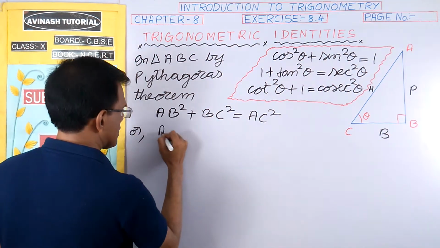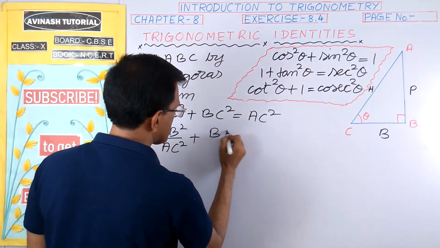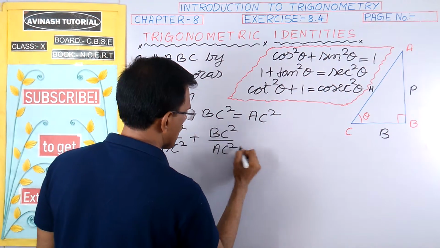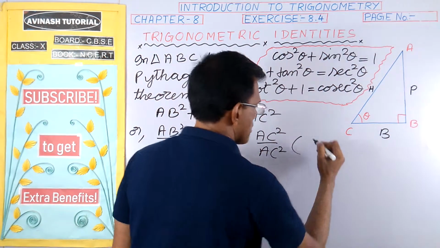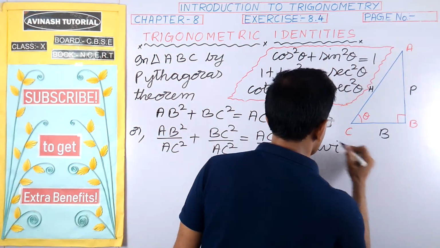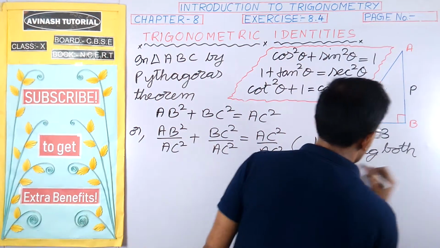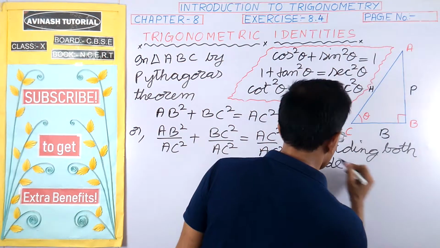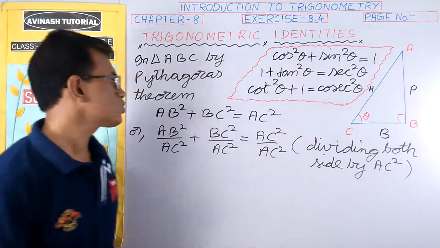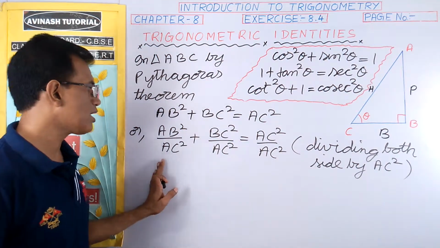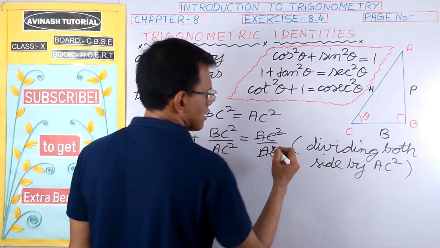Dividing both sides by AC square, we get AB square by AC square plus BC square by AC square is equal to AC square by AC square. Now see here, AC square and AC square will cancel out.